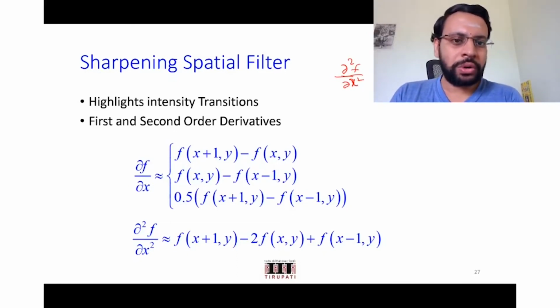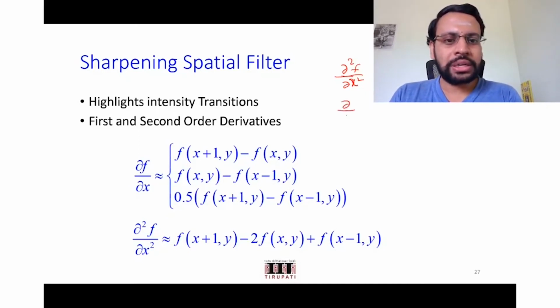So that would be equal to, I could write it as dou by dou x of dou f by dou x. We already had looked at the expression for it. What is that? Let's take here the forward difference expression for it, which would give us f of x plus 1 comma y minus f of x comma y. We want to find out derivative with respect to x. So you took the function value at x plus 1 comma y.